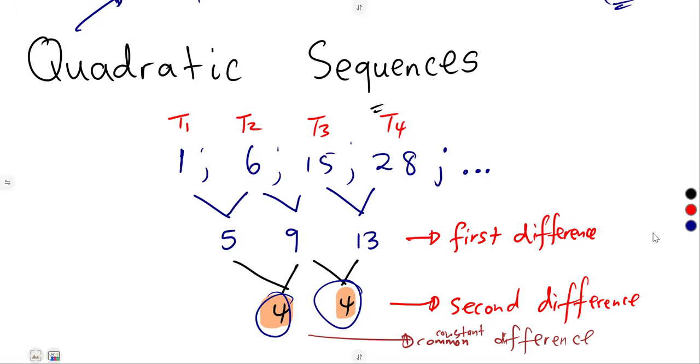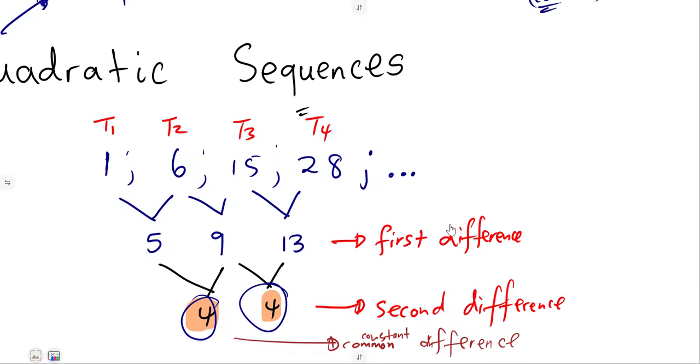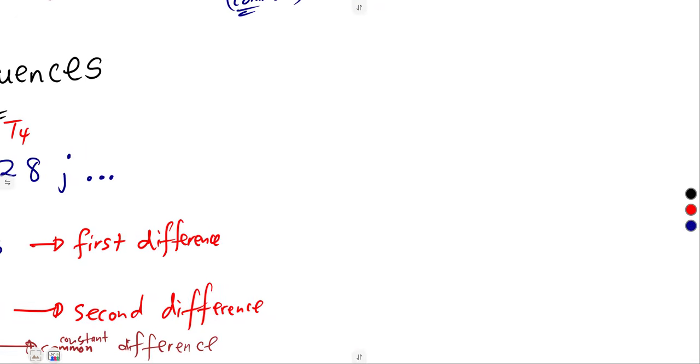So just like a linear, we need to determine the nth term. So for a quadratic, the nth term formula will be given. Remember our quadratic, when we're dealing with functions, the quadratic function y is equal to ax squared plus bx plus c, where a, b, c are constants.